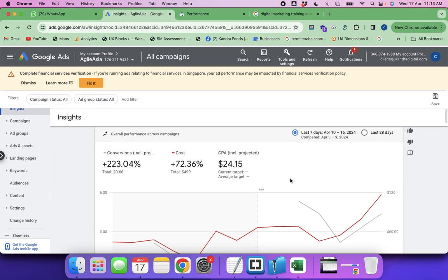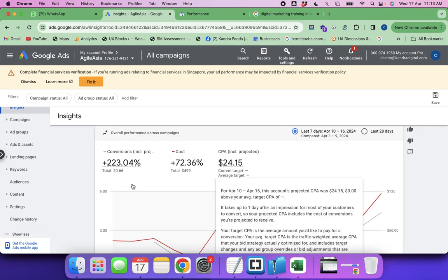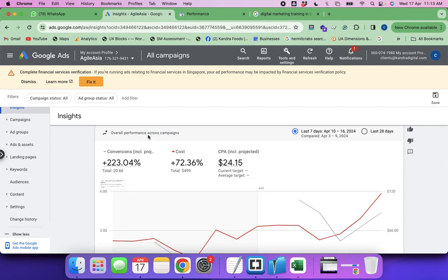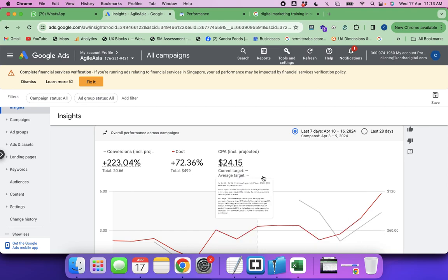Conversions, including projections. So 223 additional conversions in overall performance across campaigns, plus 72.36 percentage improvement in the cost. CPA 24.15.